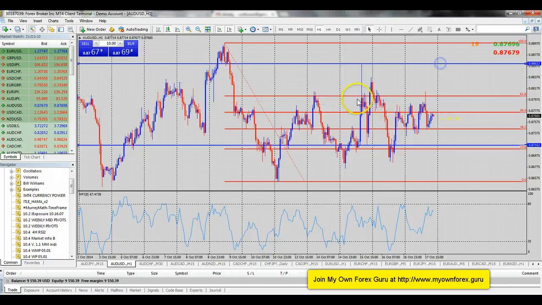And if you look at 61.8, you see that there are a lot of things happening here. Same at 50, and same at 38.2.